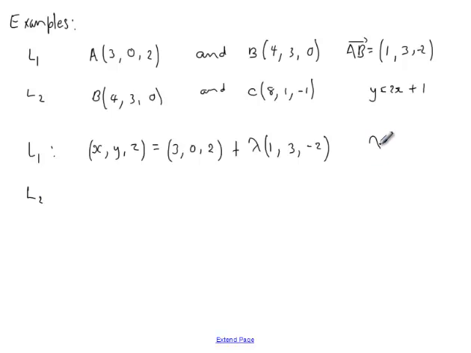Oh, lambda is a real number. I forgot to write that. It could be t, it could be lambda, a real number. In other words, I can choose lambda and calculate, and I get a point on the line. Choose another lambda, calculate, and I get another point on the line. That way, I will generate the whole line. Is that making sense?